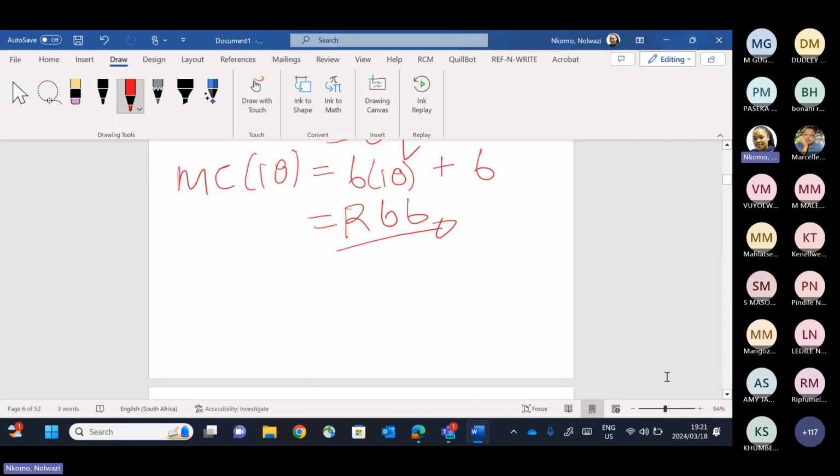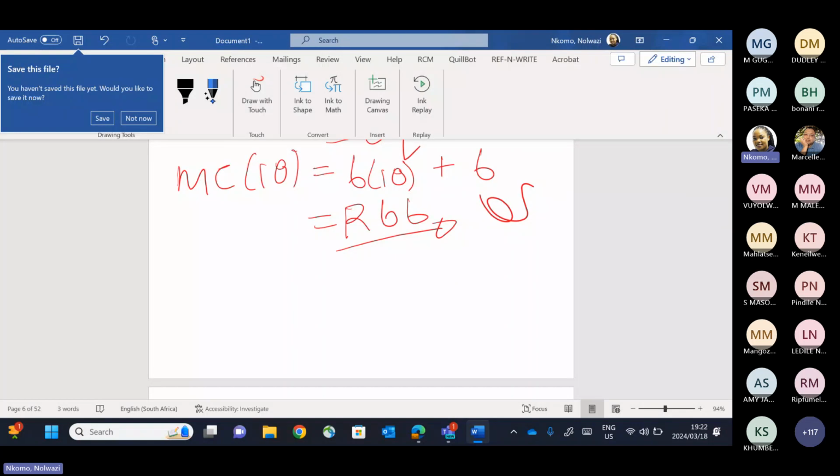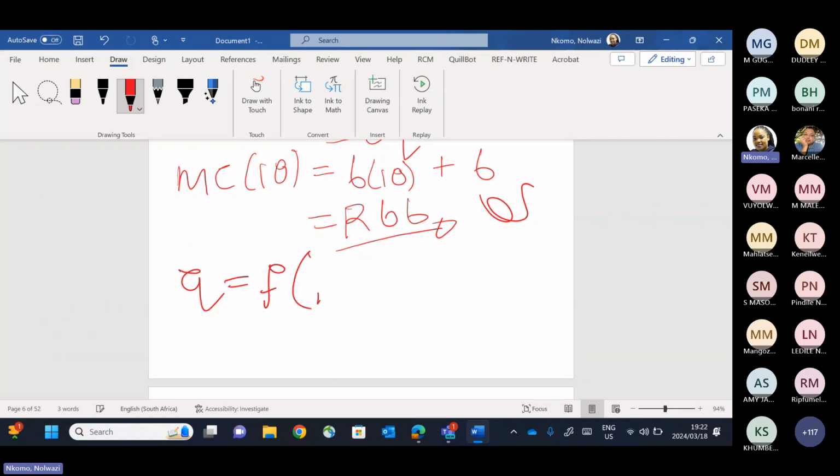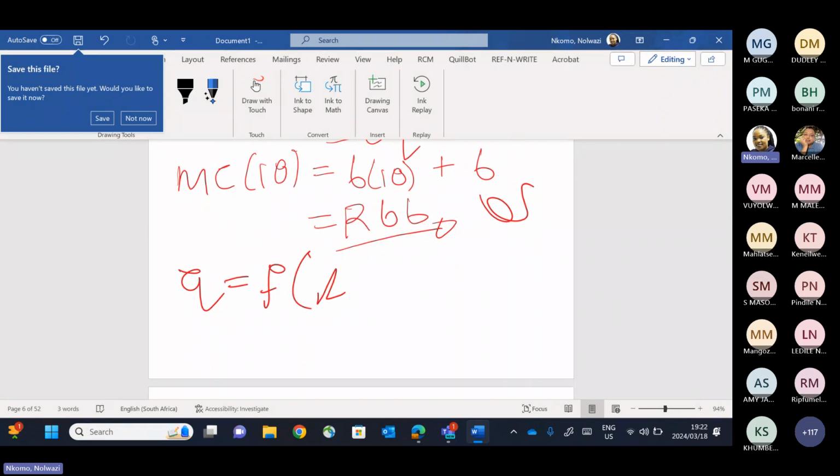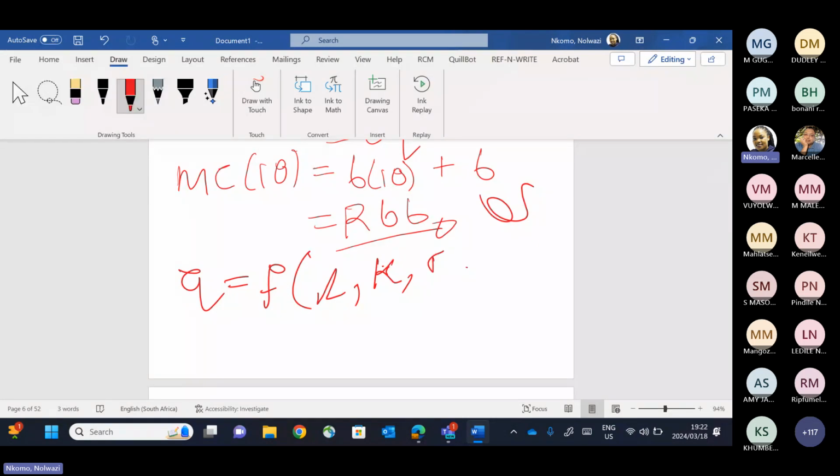In general, the level of output, which is Q, is equal to a function of L, which we use to represent labor, physical capital, raw materials, technology, and so many more.